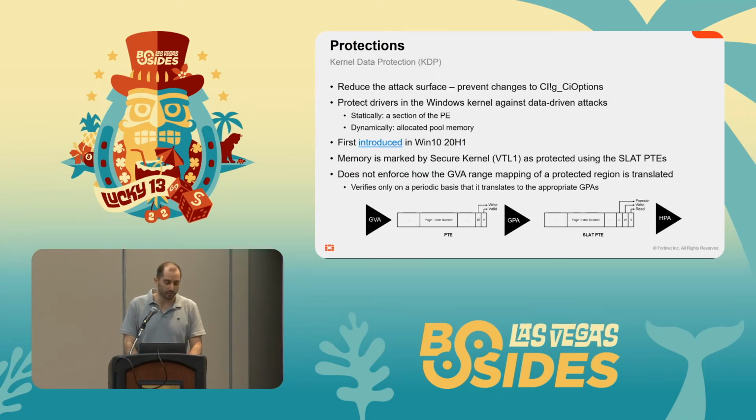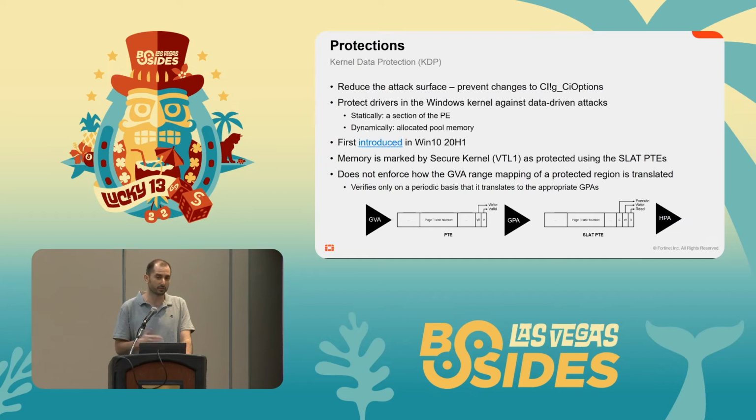The newest protection that Microsoft tried to use is called KDP, or Kernel Data Protection. Basically, it uses the newest and more advanced features of virtualization-based security, also known as VBS, and leverages the fact that now the kernel cannot do whatever it wants inside of kernel space, but has another virtual machine that it has to cooperate with. It's called the secure kernel.